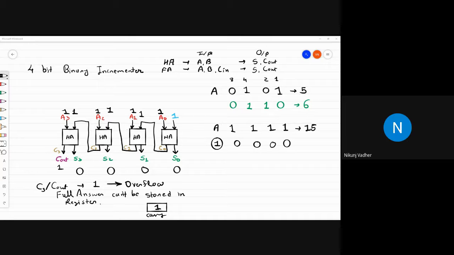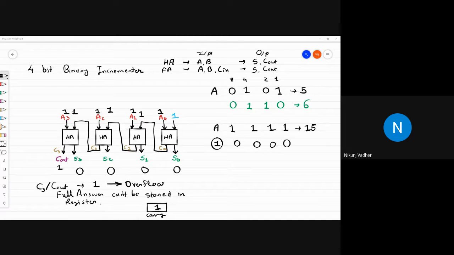Four digits will be stored in the register and the fifth digit will be stored in the carry flag. It will supply only four digits, because the register can store only four digits.